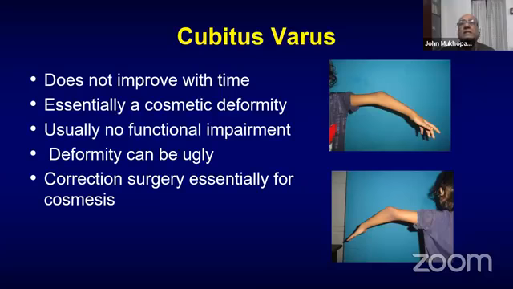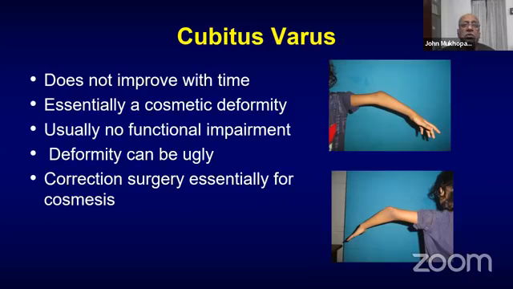So as we said, this cubitus varus deformity does not improve with time. When they are children or when they present to you, it is mostly a cosmetic deformity, without any functional impairment. Some of them have some stiffness, especially if they've had vigorous physiotherapy.